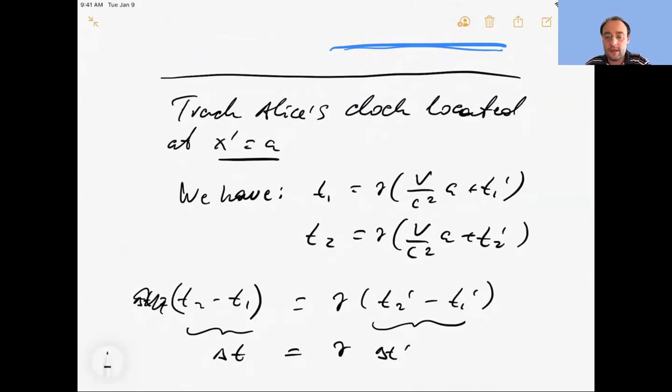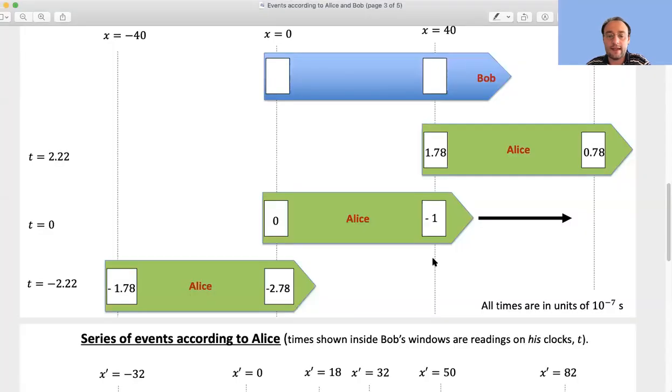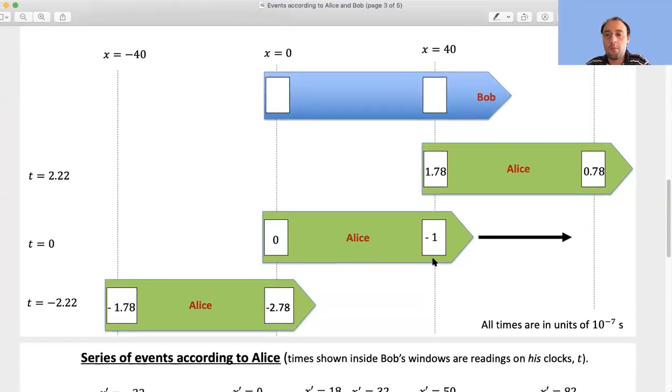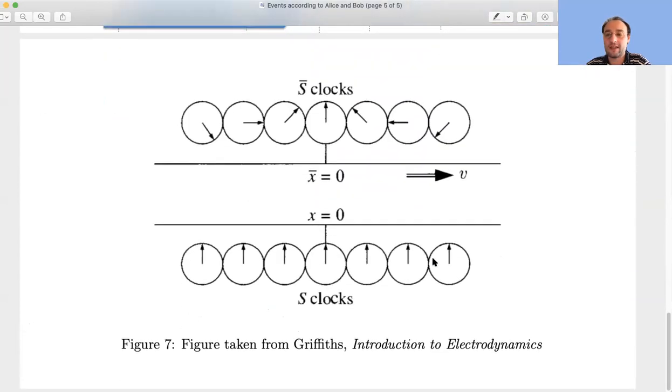Maybe another way of saying that is all her clocks have lower frequency of ticking than all of Bob's clocks, but they're all out of phase with each other, while all of Bob's clocks are in phase. Okay, so it's just another way of summarizing the situation. All of her clocks are out of phase, but they all tick at a smaller frequency than all of his clocks. But if what I just said confuses you, don't worry.